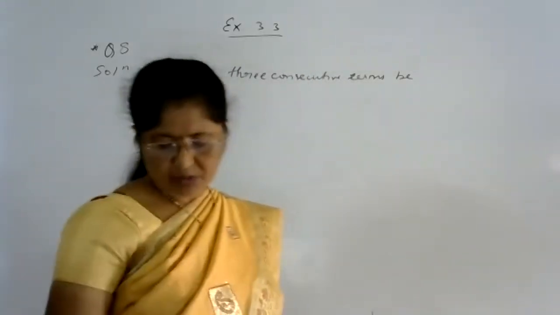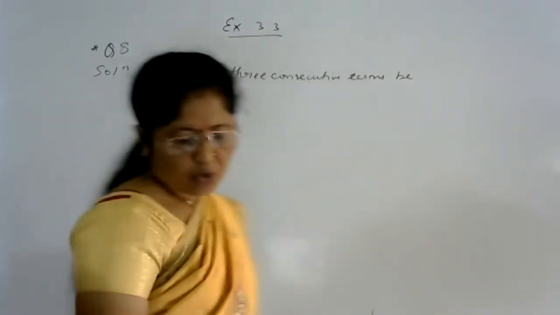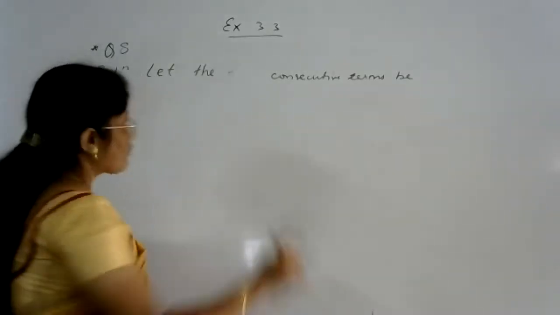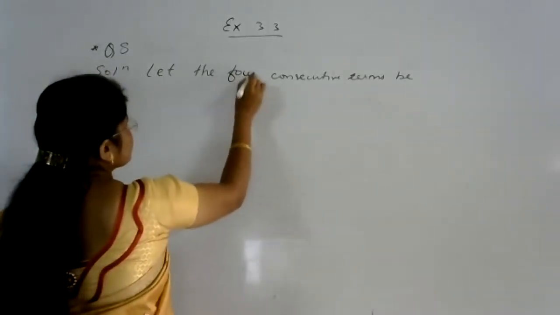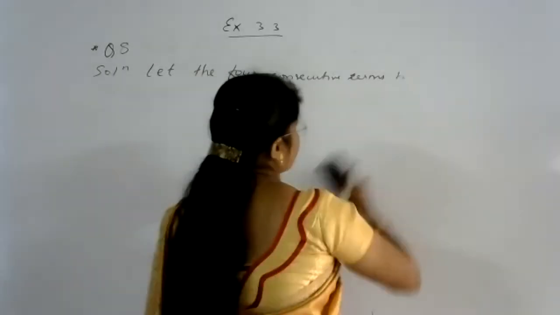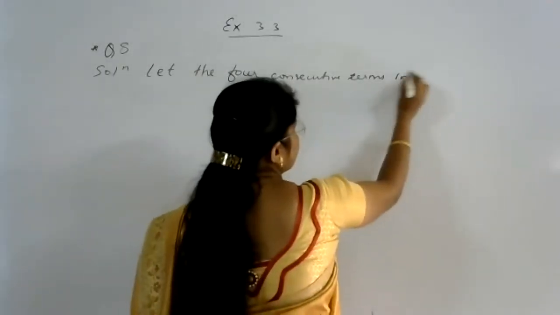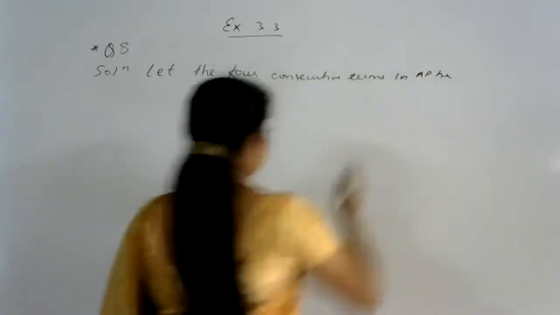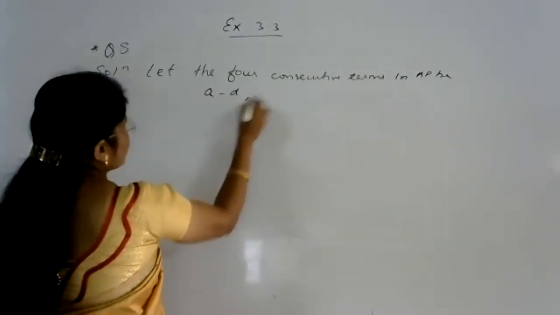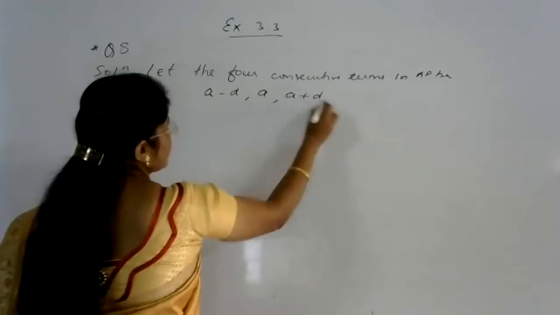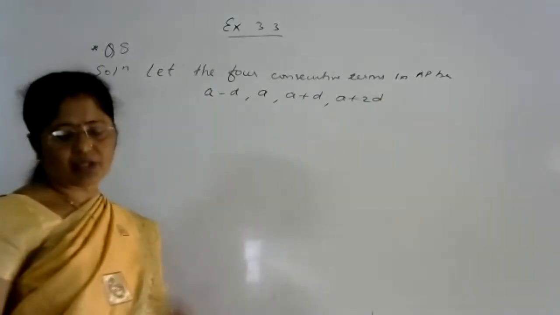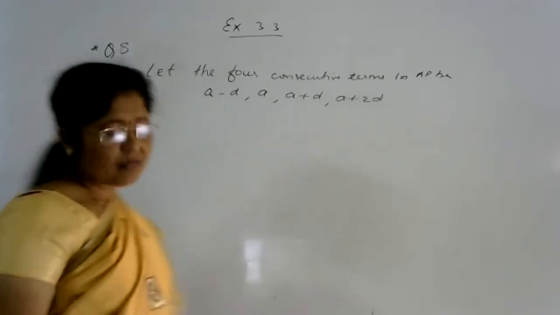Already they have given which terms you have to take in the question. Let the four consecutive terms be A minus 3D, A minus D, A plus D, A plus 3D. These are the four terms given in the question directly.